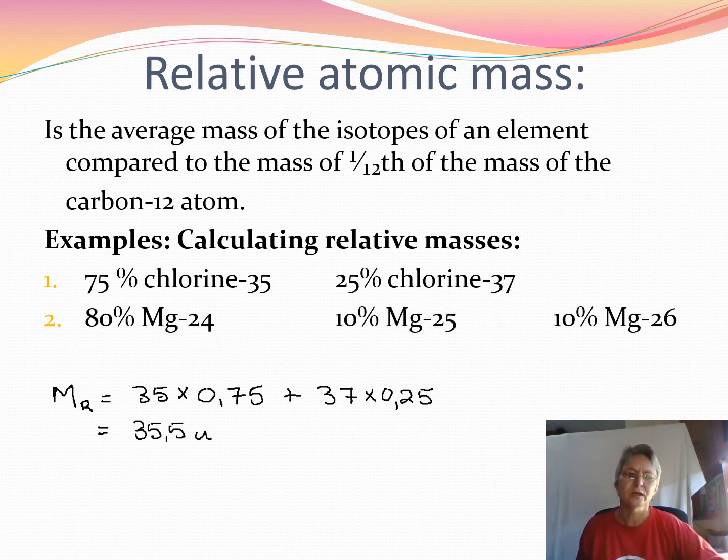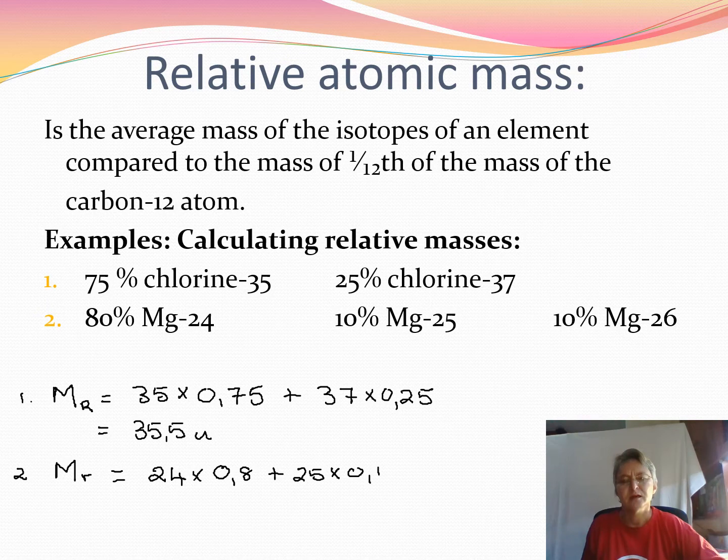Next, we get magnesium. There are 3 common isotopes, magnesium 24, 25, and 26. So the relative mass of magnesium is calculated by taking the mass number 24 and multiplying it by 80%, 0.8, plus the mass number of 25 times 10%, plus the mass number of 26 times 10%.